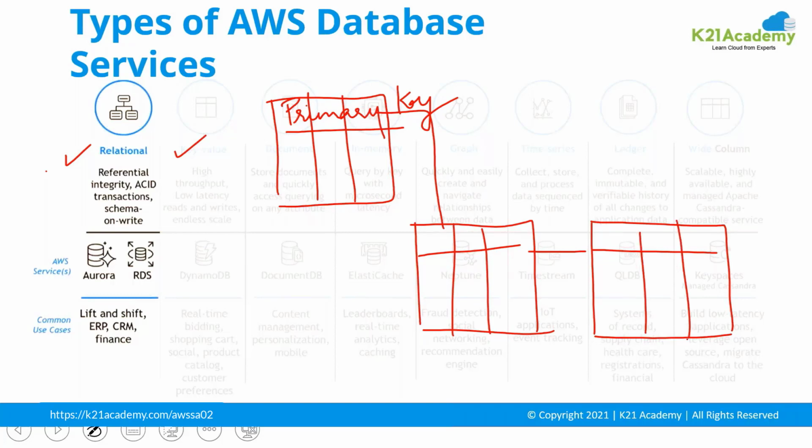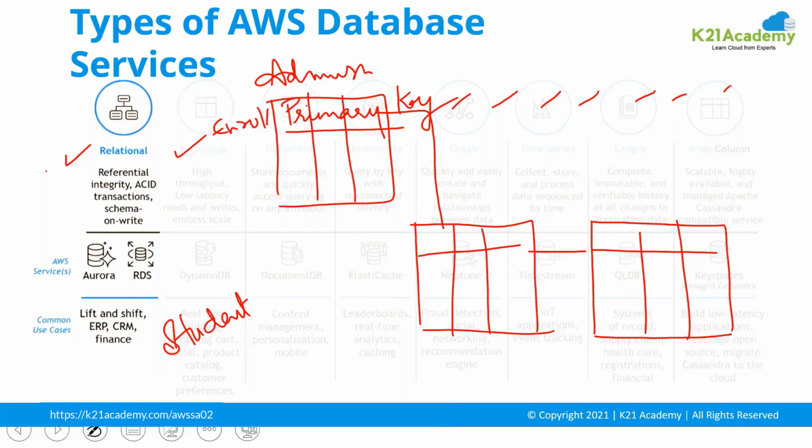Suppose we take the example of a student database, or a school database. For a student, there will be an admission table. In this table there will be the enrollment number of the student, and all the information: address, mobile number, father's name, mother's name, and a lot more.